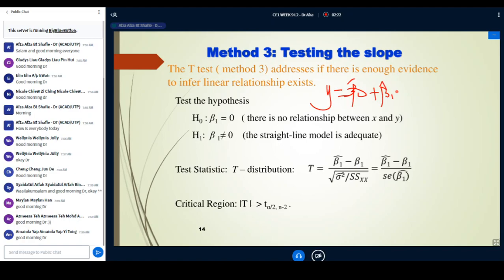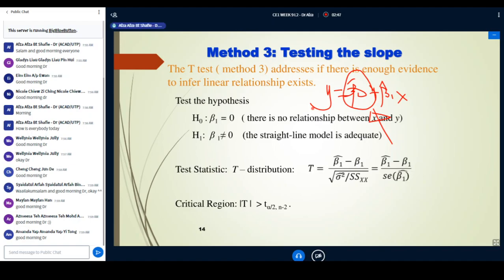Even if beta naught is equal to 0, it does not matter. It just tells you that the line passes through the origin. So y is still dependent on x. For that reason, most of the time we don't do the testing for the intercept. We do the testing more for the gradient, or the beta 1.